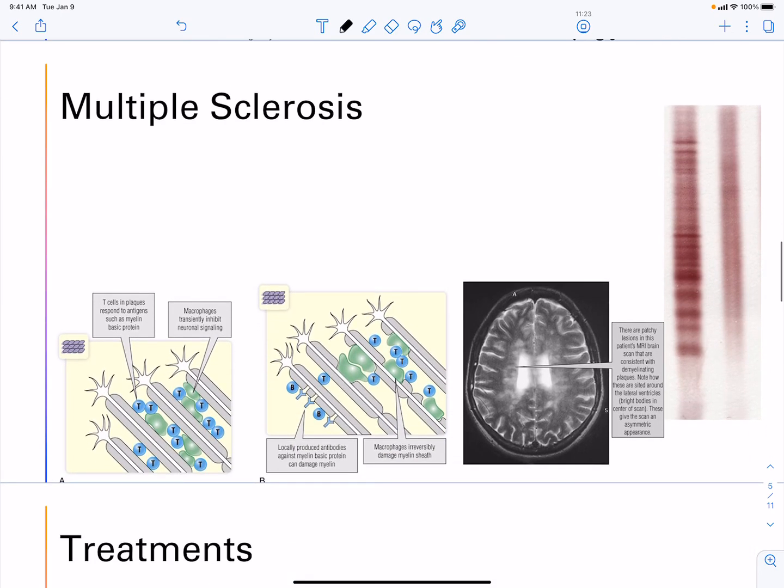Another type 4 is going to be multiple sclerosis. This is a chronic, disabling neurologic disorder.